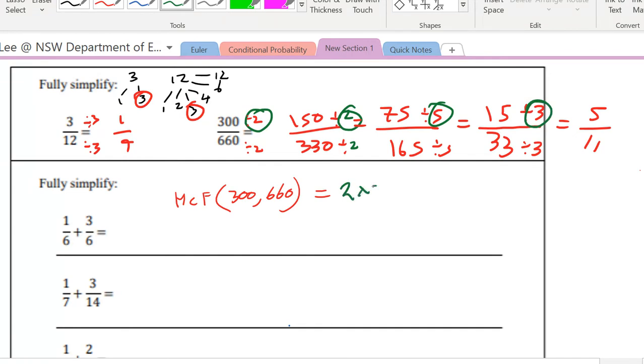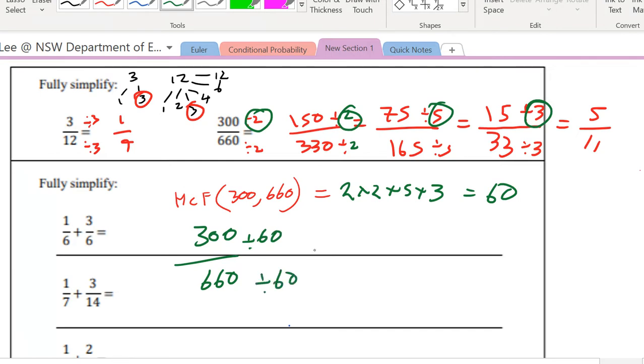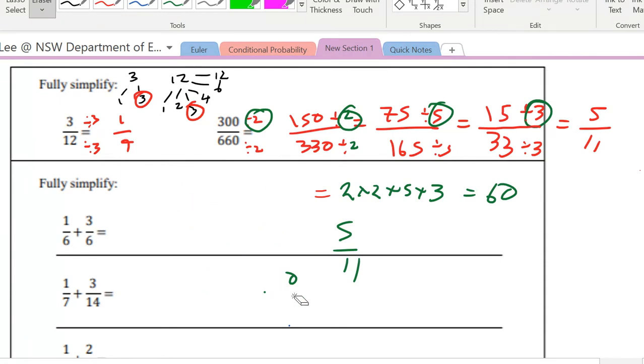So 2 times 2 times 5 times 3. Well, 2 2s are 4, 5 4s are 20, 3 20s are 60. So we've got 300, we divide by 60, divide by 60 to get 5/11. So let's do one more.